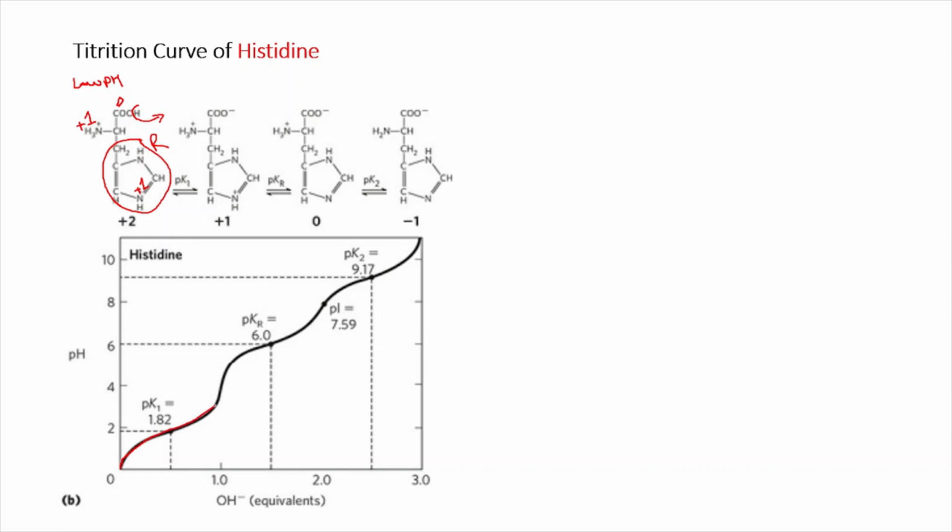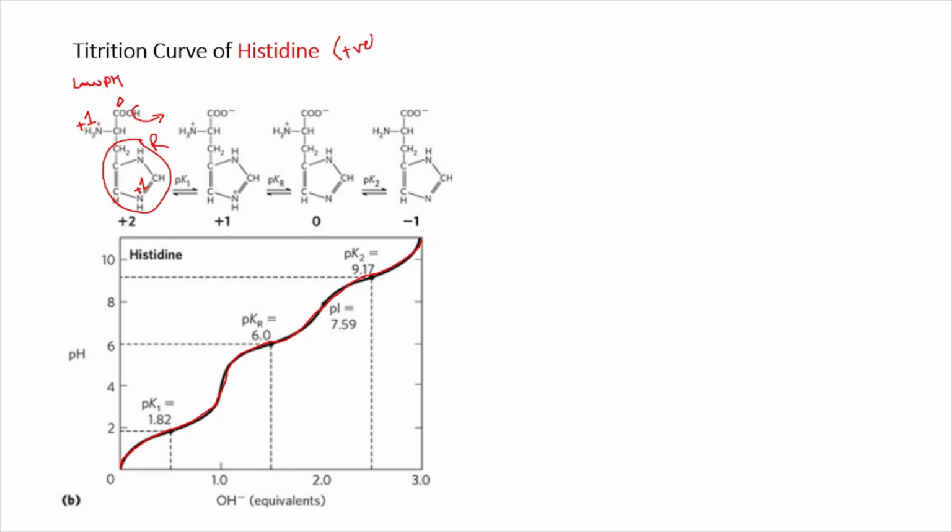First the carboxylic group loses a proton, then when pH is equal to pKr, the R group loses the proton, and then at high pH values the amino group loses the proton. This is a positively charged amino acid.